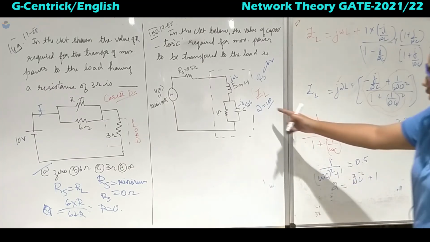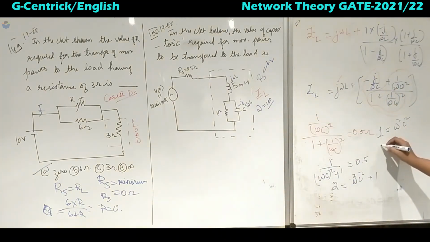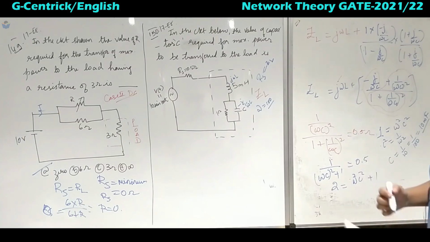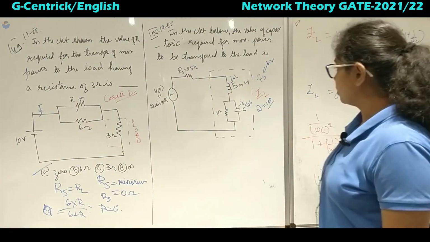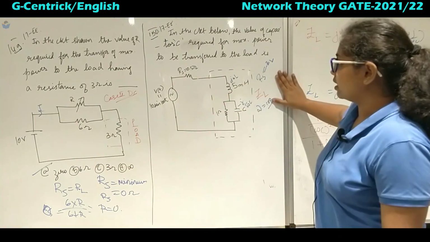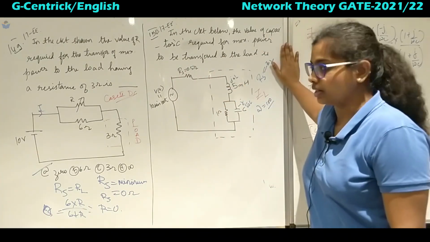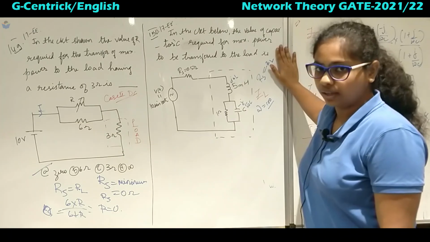So we have seen omega value is 100. So C will be 1 by omega, 1 by 100, which comes out to be 10 millifarad. Okay, so when you know the concept, easily you can solve this one. So RS here, ZL is variable. When ZL is variable, it will be RS equal to ZL. Okay, so this is the case of the AC thing.